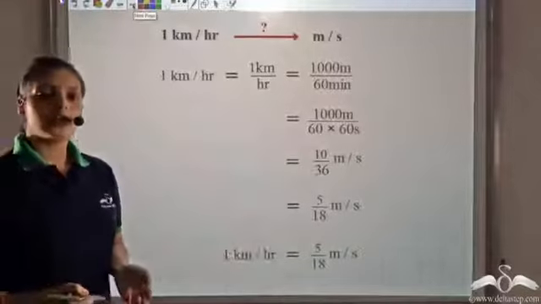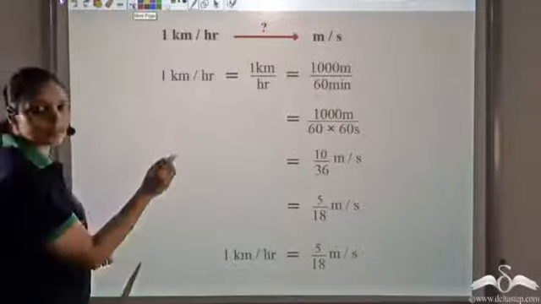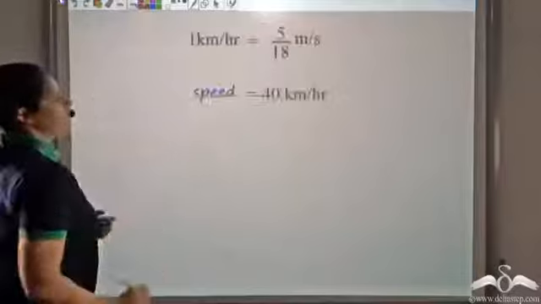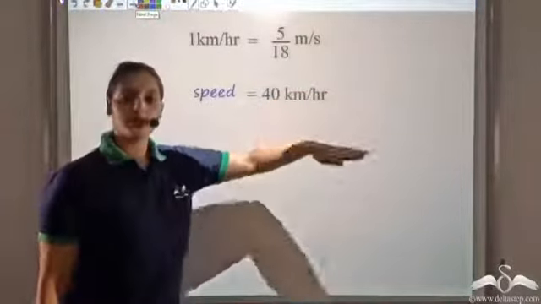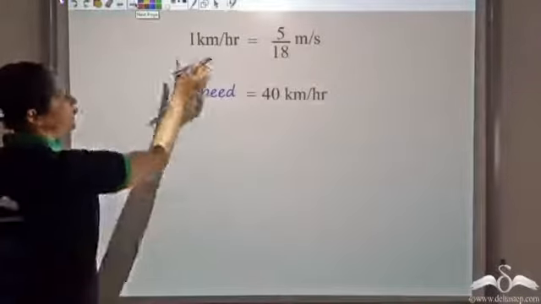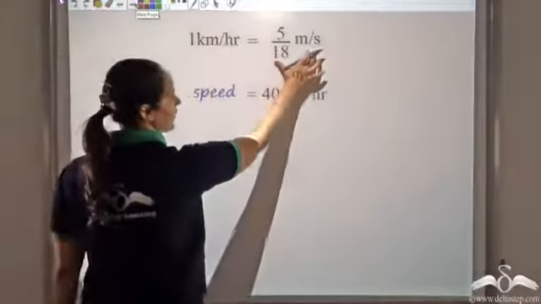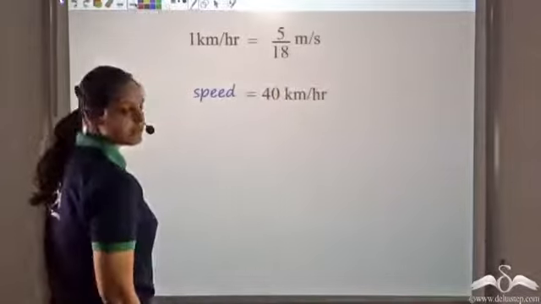Now the speed which was found was actually equal to 40 kilometers per hour. Now how can I convert this into meters per second? We know that 1 kilometer per hour is 5 by 18 meters per second.